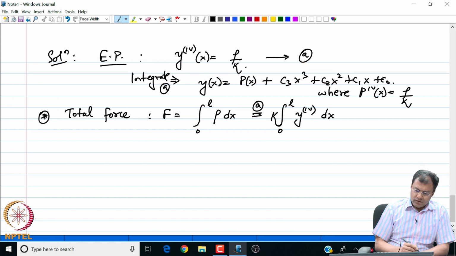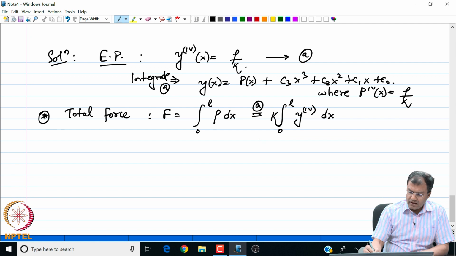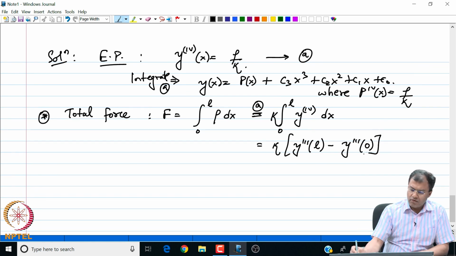Okay. So, what have I got? From here I can certainly integrate this. This is an exact differential. We see that this is also equal to kappa times y third derivative at L minus y third derivative at 0, right.